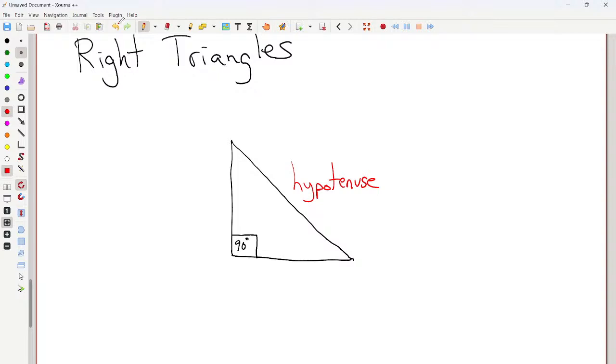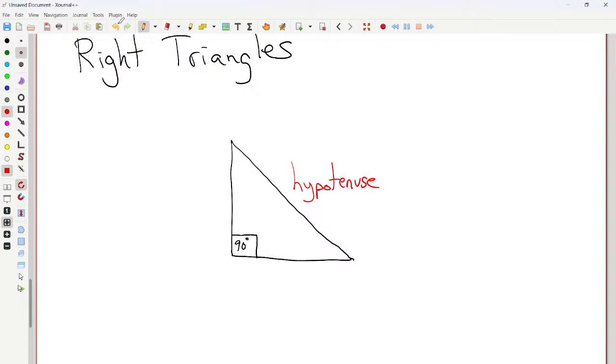If you've had no trig, this becomes an important thing to recognize: you have to recognize the hypotenuse. There are 2 other angles inside a triangle. Does anyone remember what has to be true about the 3 angles in a triangle?